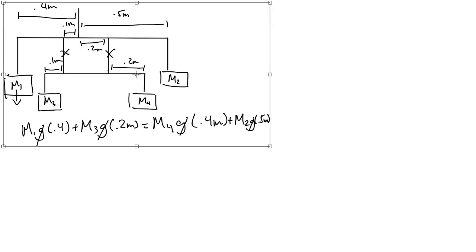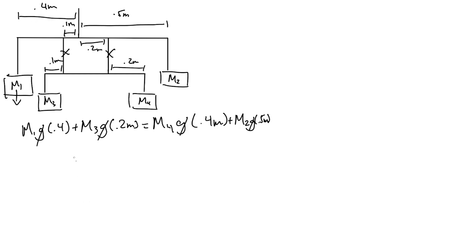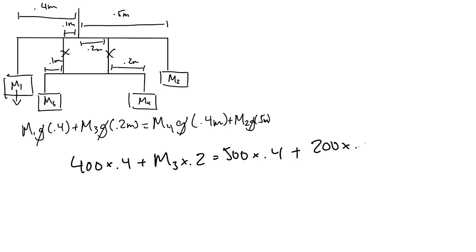All right, and so starting from here, now we can start plugging in some values. So we have 400 times 0.4 plus m3 times 0.2 is going to be equal to mass 4 is 500 times 0.4 plus mass 2 is 200 times 0.5, right?